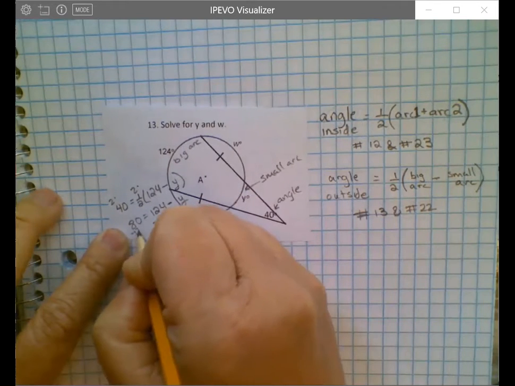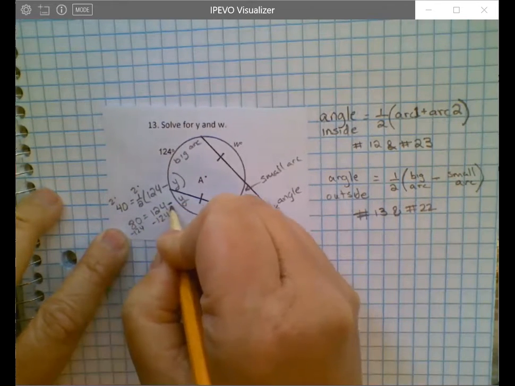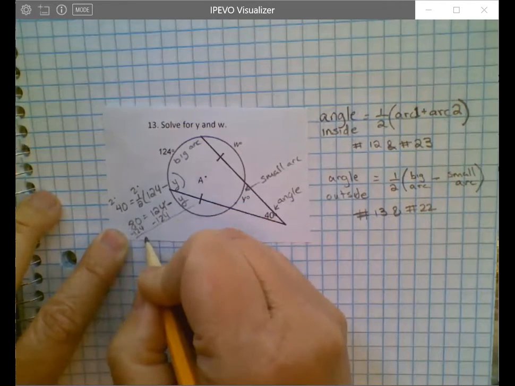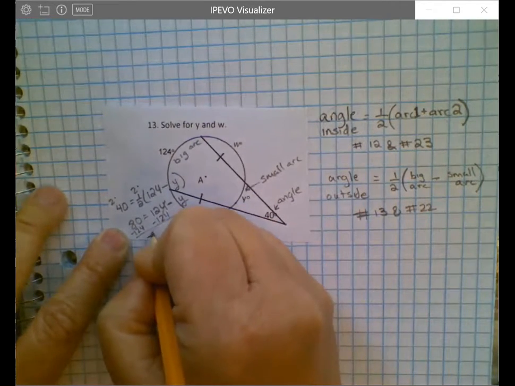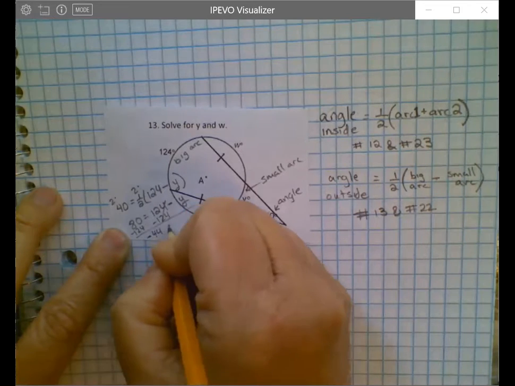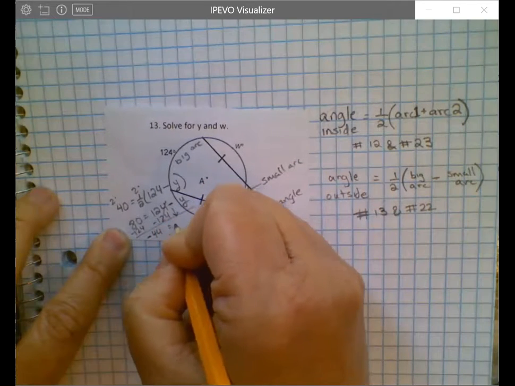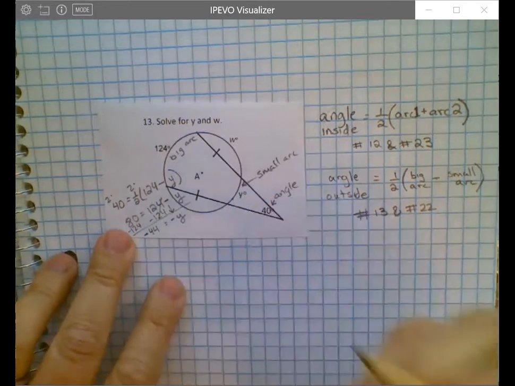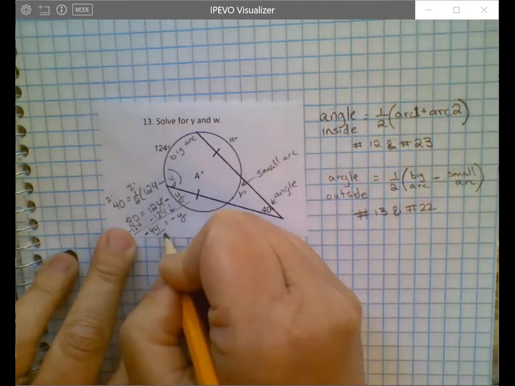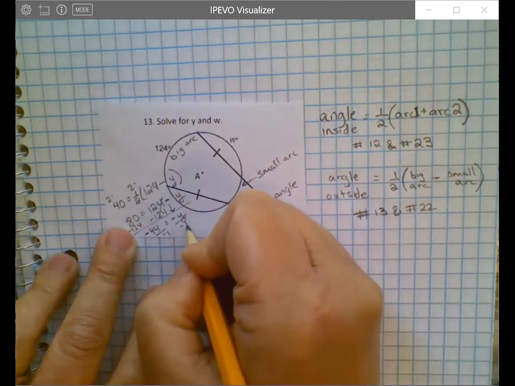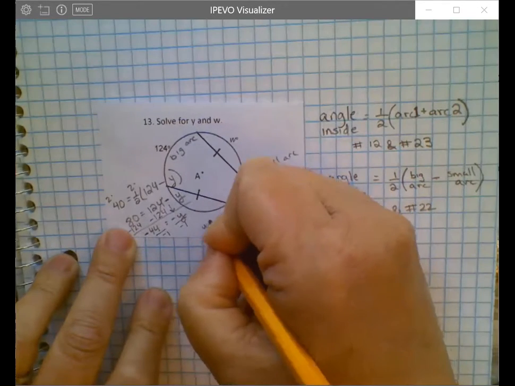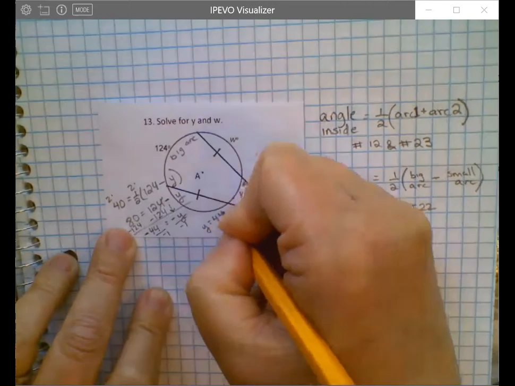That will give me a negative number, but that's okay because I have a minus y here. 80 minus 124 gives me negative 44 equals, and this is a negative y. So in order to solve for y, this is -1 times y. So I can basically just divide both sides by -1, which is just going to get rid of both negatives. So y is equal to 44 degrees.